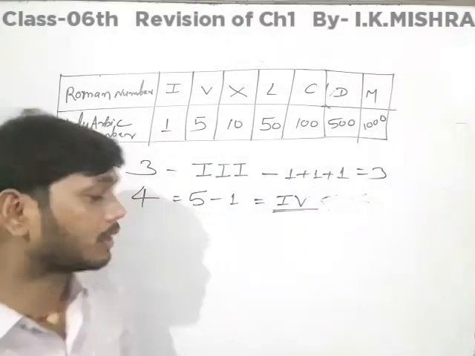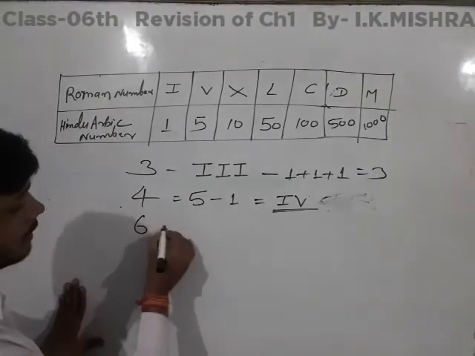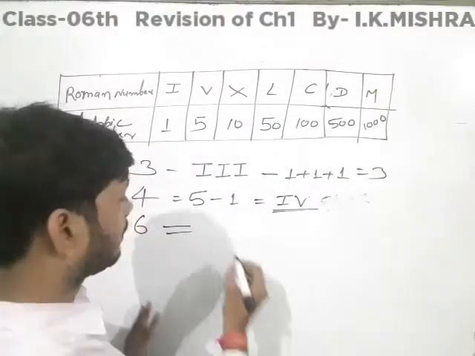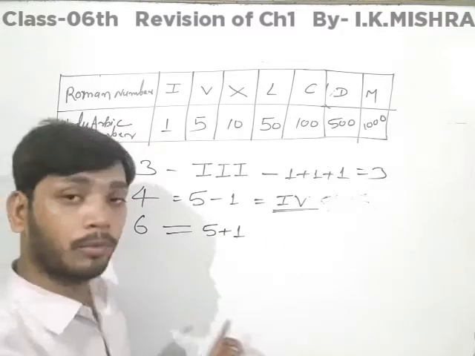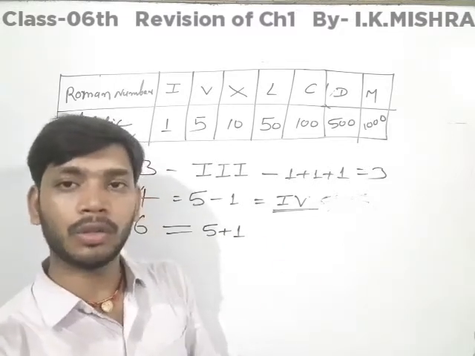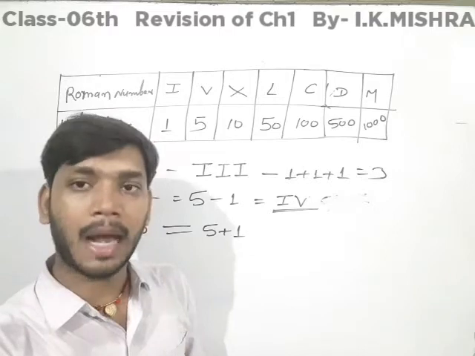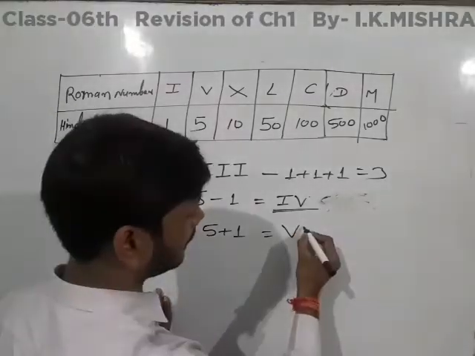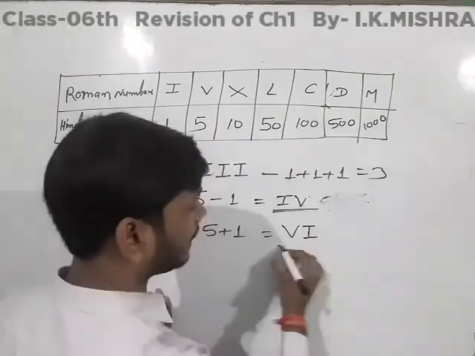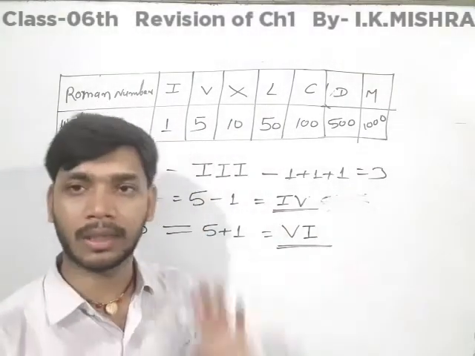When you have to write 6, it will be 5 plus 1, and for plus 1 you use I after 5. That means VI is written for 6.